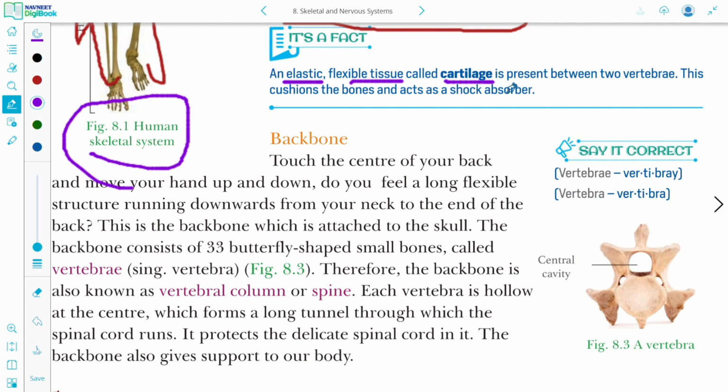ठीक है? It is present between two vertebrae. Further, I will tell you about vertebrae also and vertebra also. ठीक है? This is cushion.